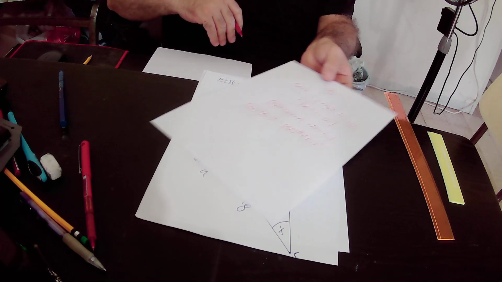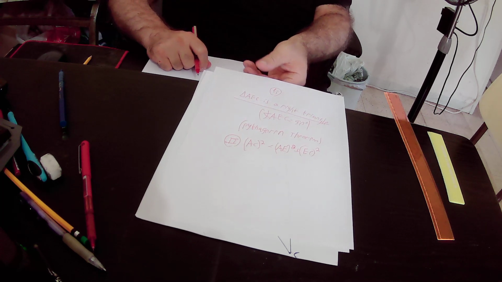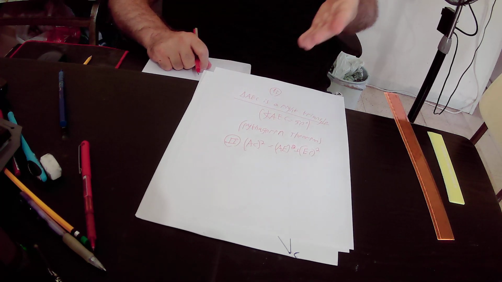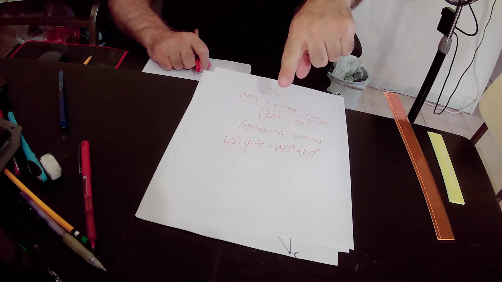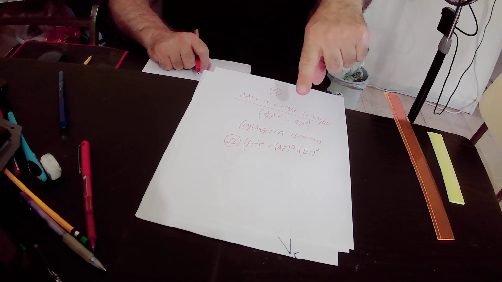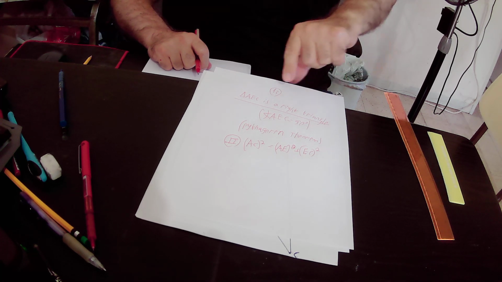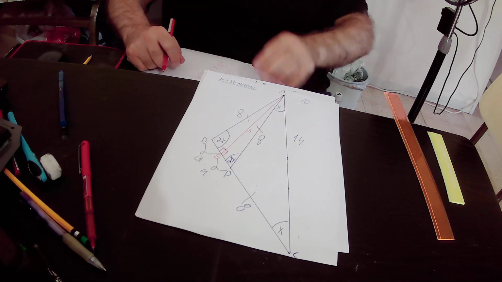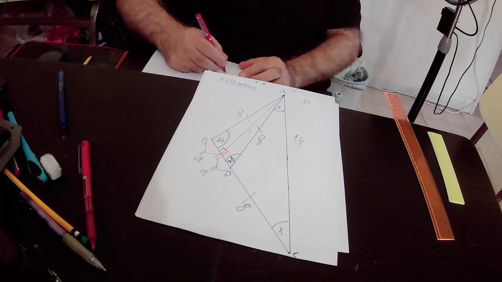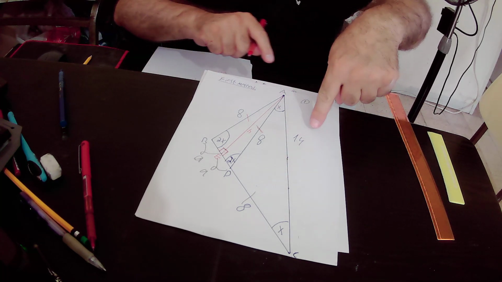So we implement the Pythagorean theorem in the right triangle AEC. The square of the hypotenuse, AC square, equals AE square plus EC square. But what is the value of AC? The value of AC equals 14 units.